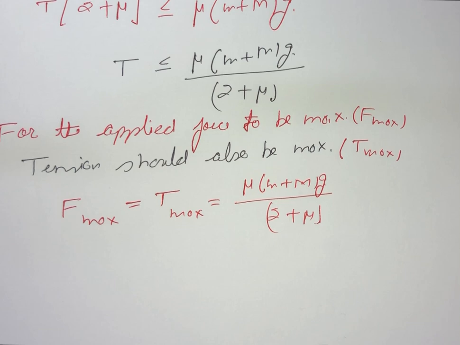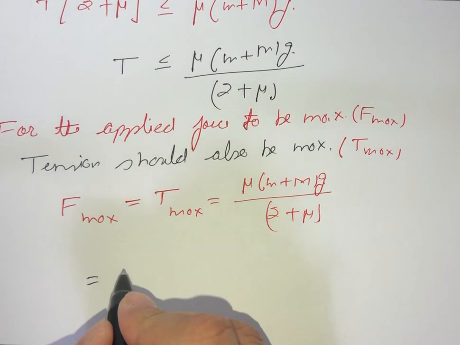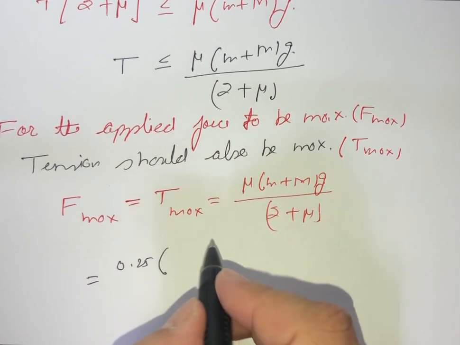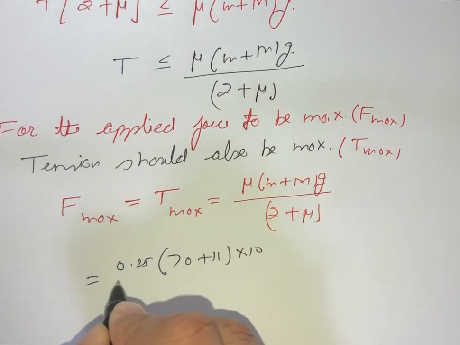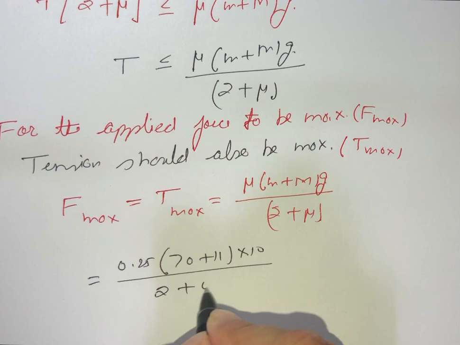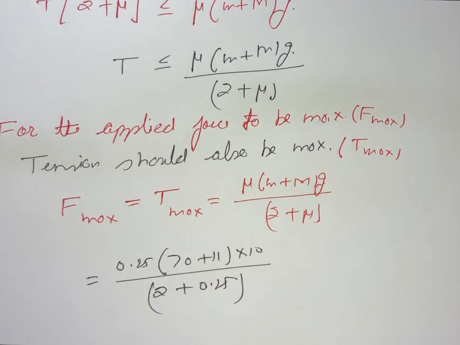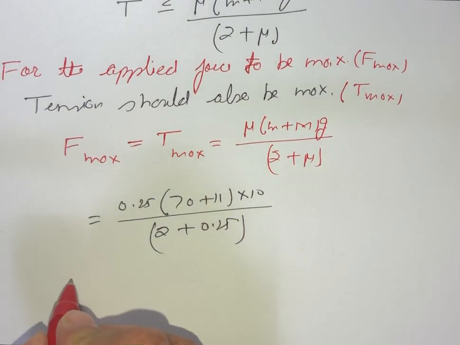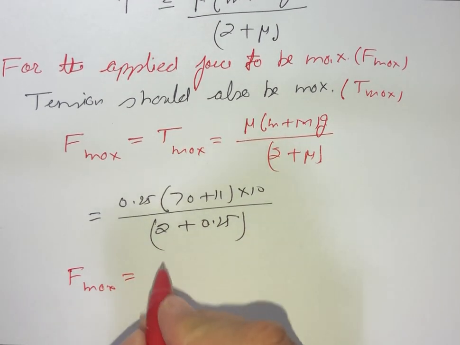We substitute the values. So mu is given as 0.25, so we have 0.25 and this is 70 plus 11 multiplied by 10 divided by 2 plus 0.25, and this will be giving us F max is equal to coming as 90 Newton.